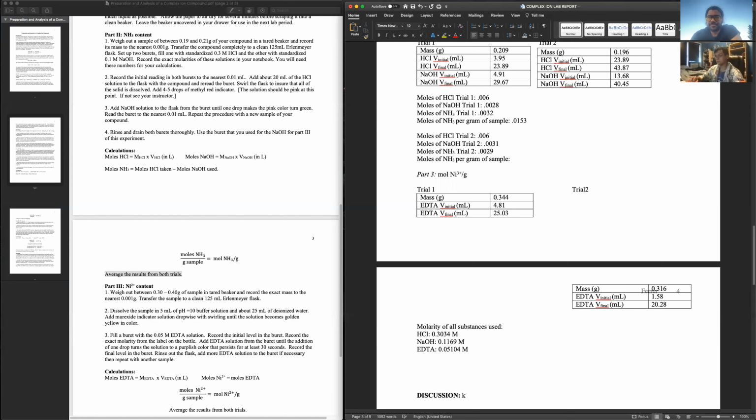And now we take the moles of NH3 and we divide it by what? The mass. So 0.196.